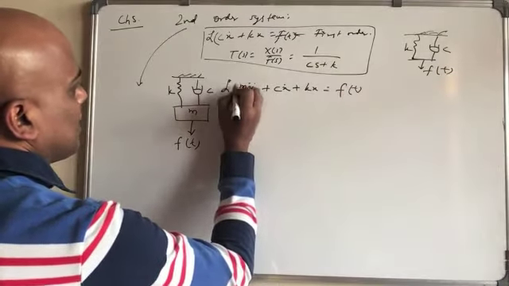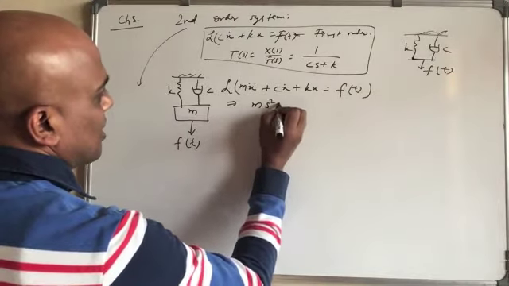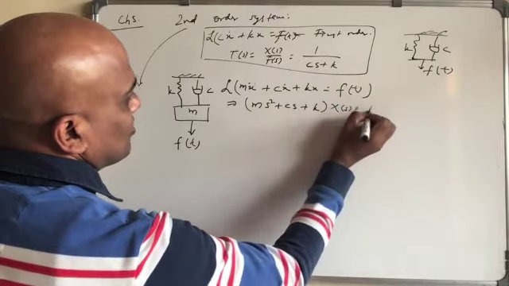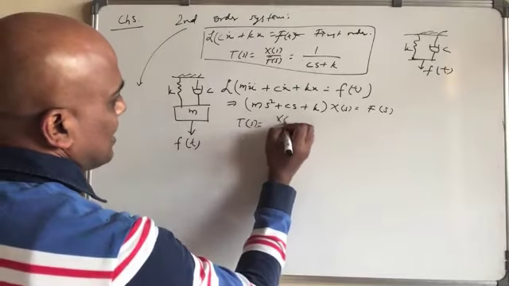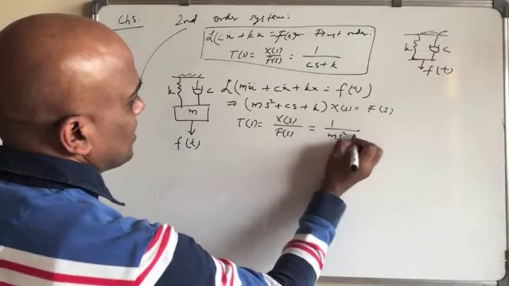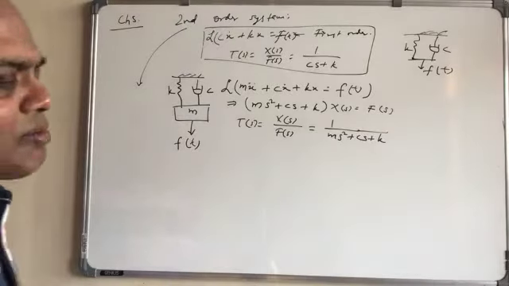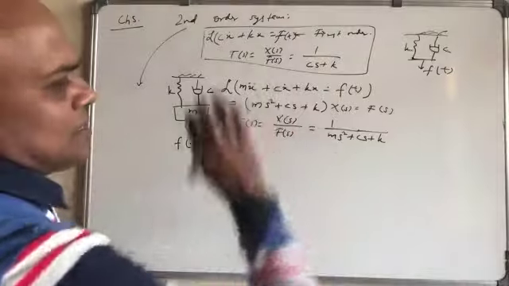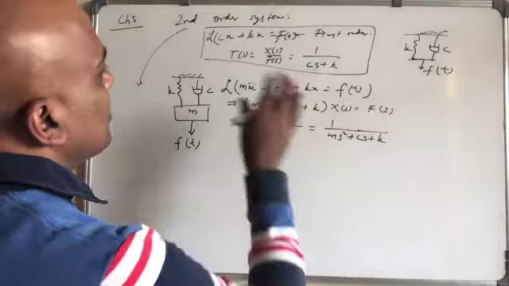Taking the Laplace transform, we get (ms square plus cs plus k) X(s) equal to F(s), so the transfer function, output X(s) over input F(s), equals 1 over ms square plus cs plus k. These are the mechanical vibration systems that we have studied already.